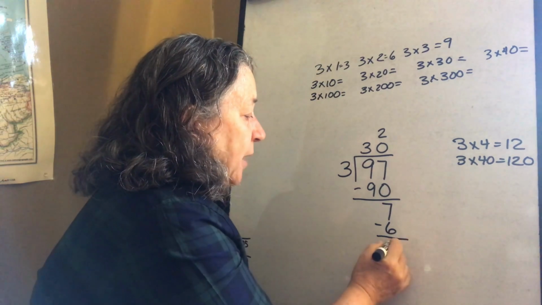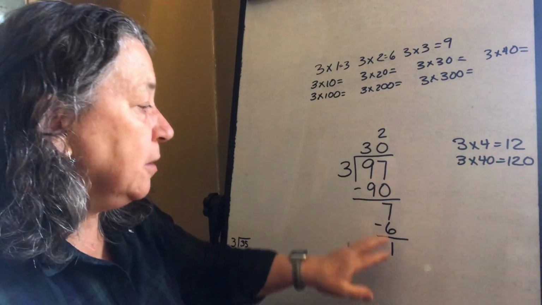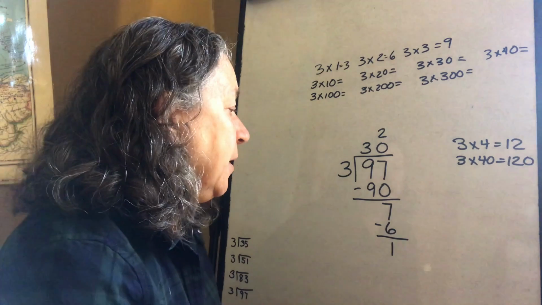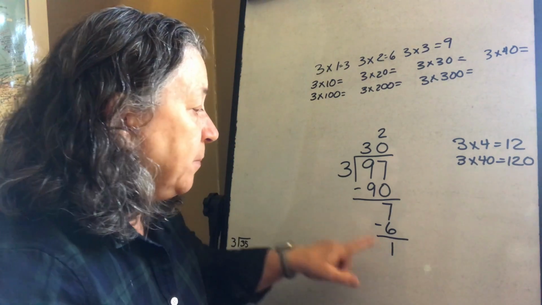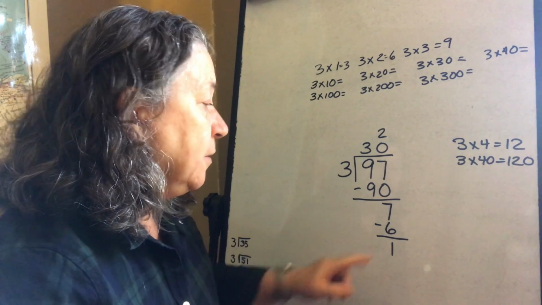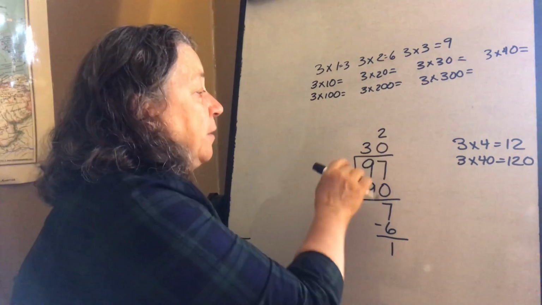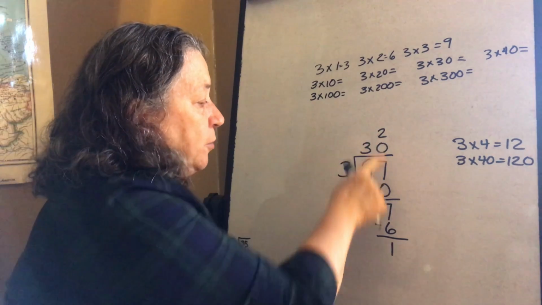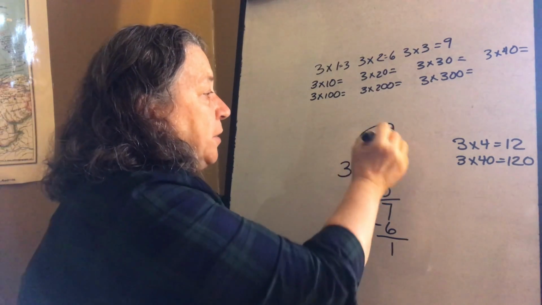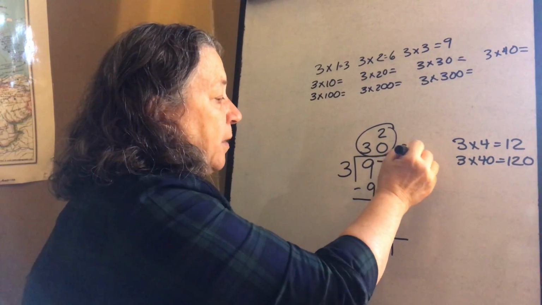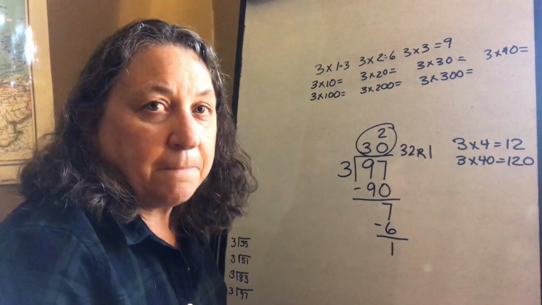And now when we subtract, and that's why they call it long division, because there are many steps, we have one left, and that would not be a group of 3. You could divide it with fractions or decimals, but not with whole numbers. So we did 30 groups and 2 groups, so that's 32 groups with a remainder of 1.